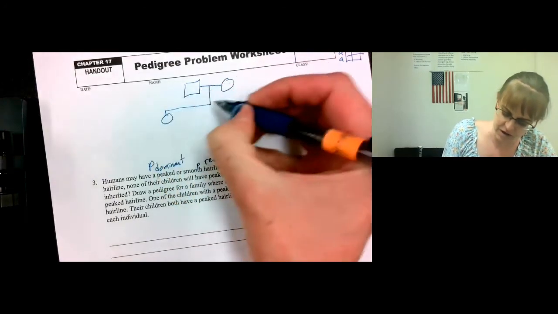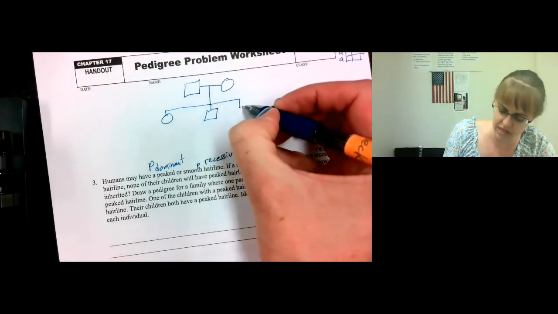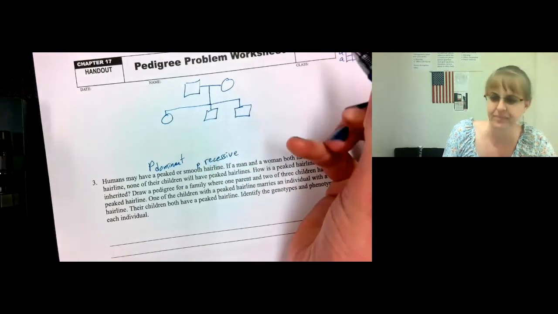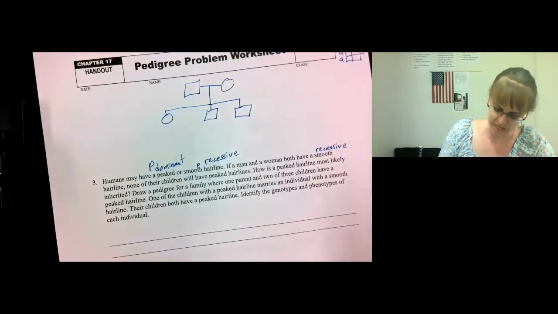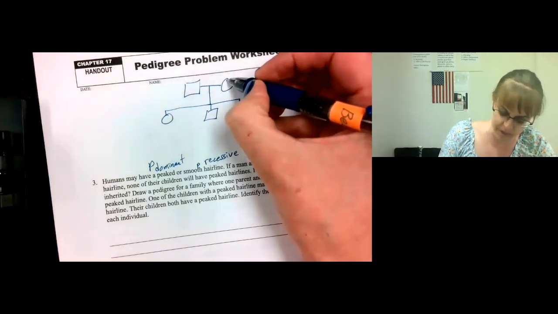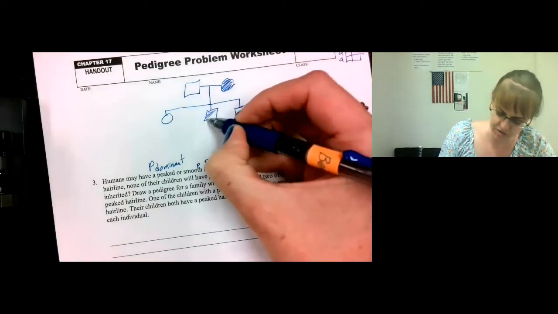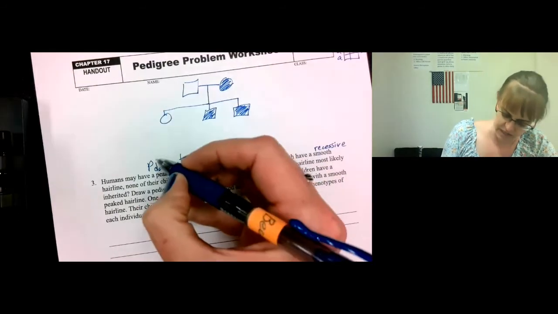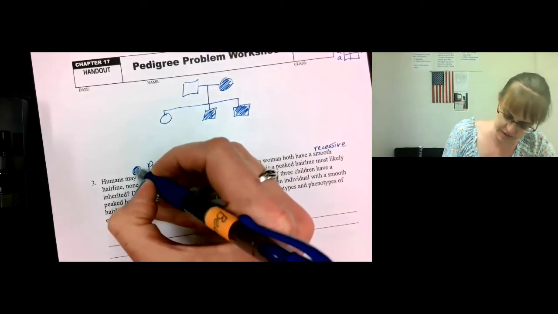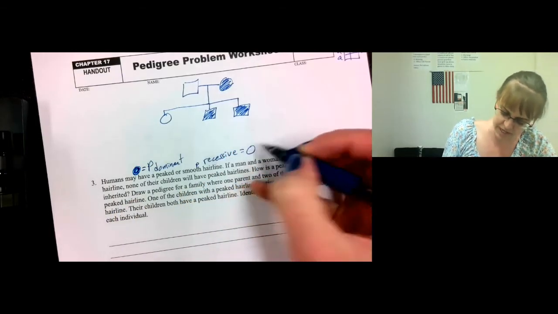So I'm going to make a girl, a boy, and a boy. One parent and 2 of the children have a peaked hairline. So one parent, I'm just going to pick one of the parents, and 2 of the 3 children have a peaked hairline. Okay, and that's going to be colored in, and then the hollow will be the lowercase p.